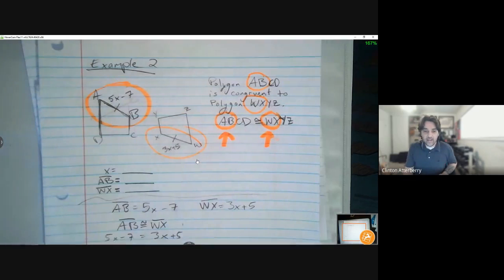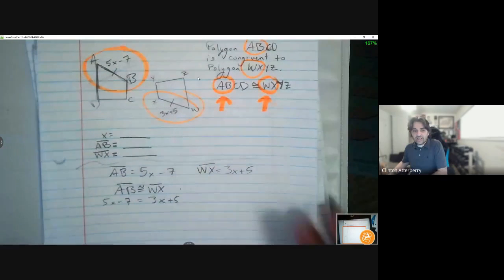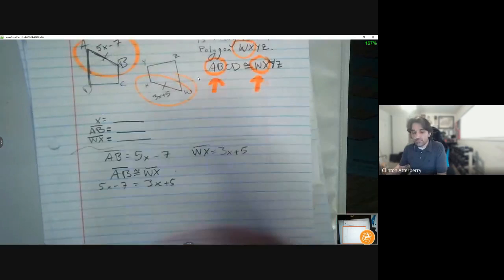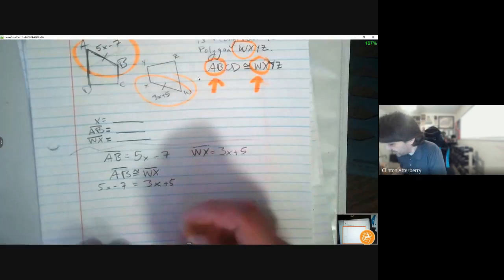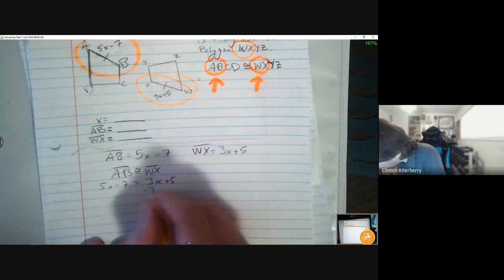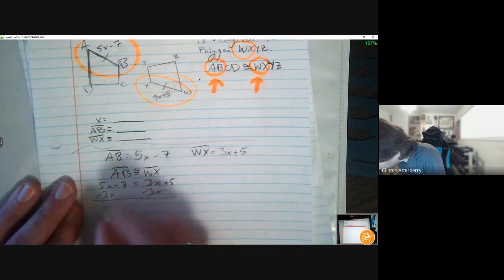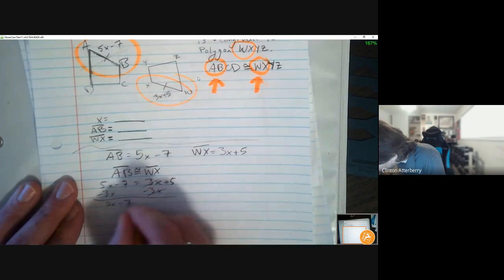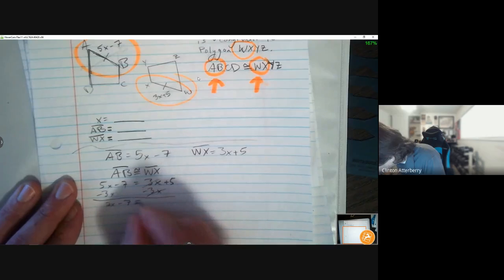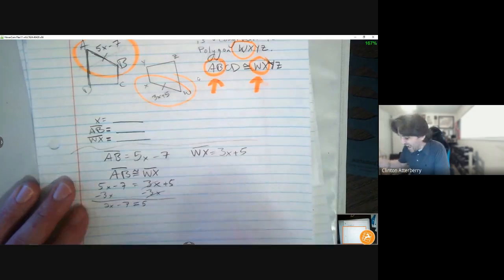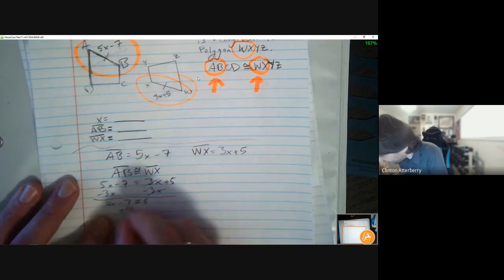Let me slide this down a little bit. A lot of prep work, but here we go. Let's solve this using some algebra. I'm going to subtract 3x from both sides. I'm going to add 7 to both sides.